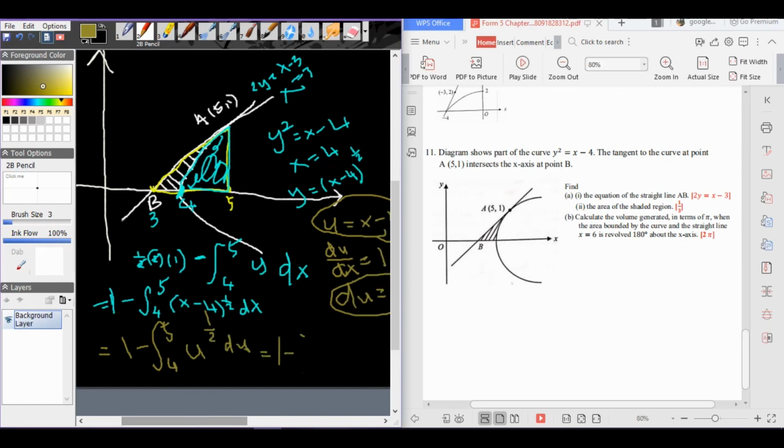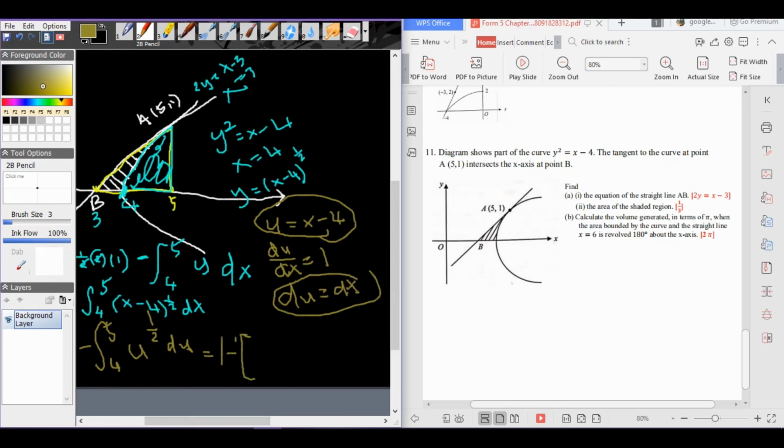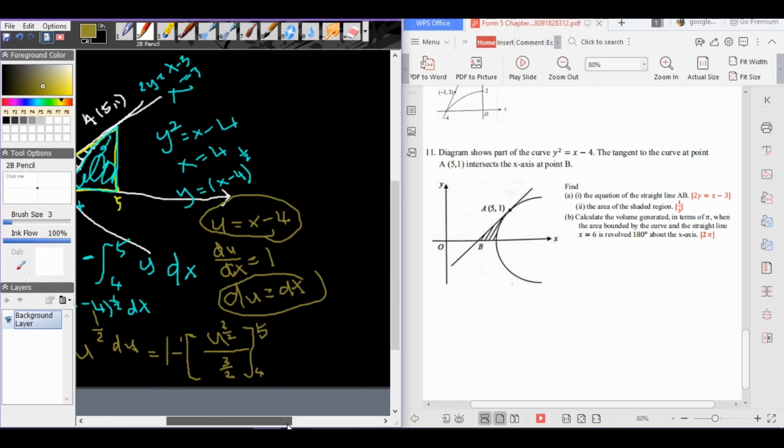So 1 minus u^(3/2) over 3/2, from 4 to 5. Then substitute back the value of u, u equals x minus 4.